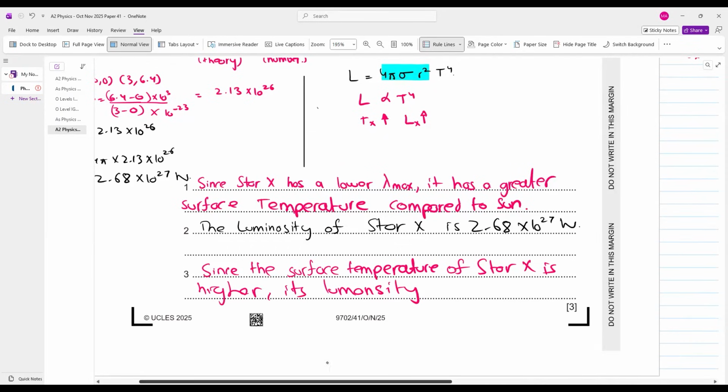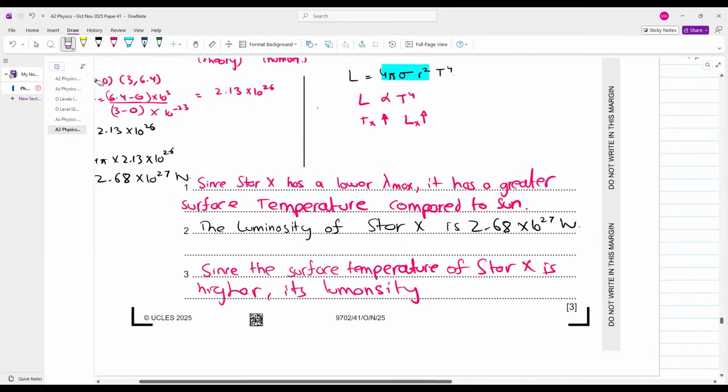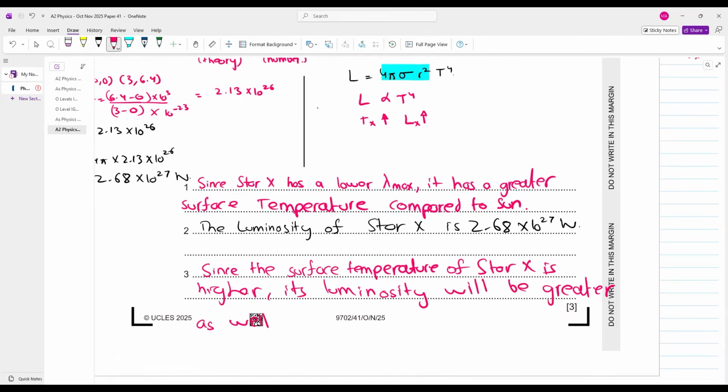Have I written the spelling of luminosity correctly? No, I have made a mistake here. Luminosity. I am feeling sleepy. Its luminosity will be greater as well. Simple. Okay? Let's further move ahead.